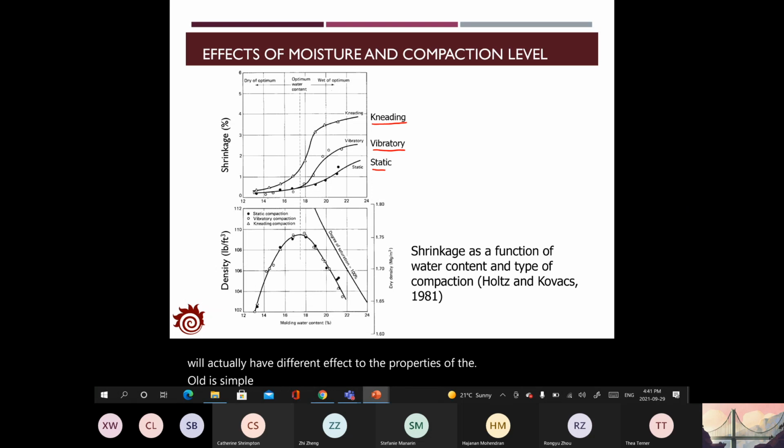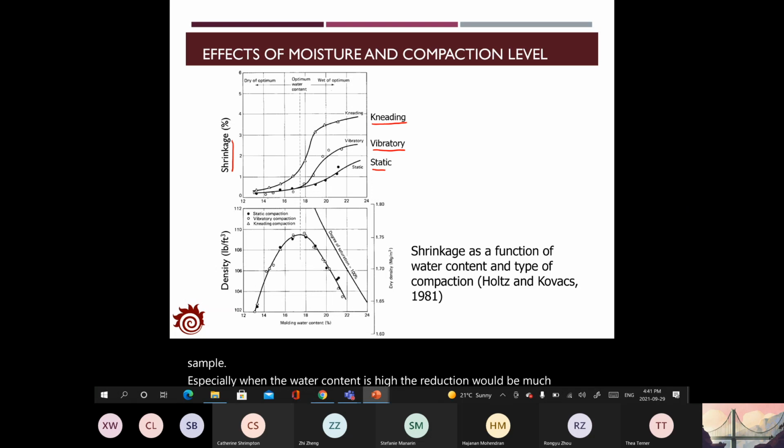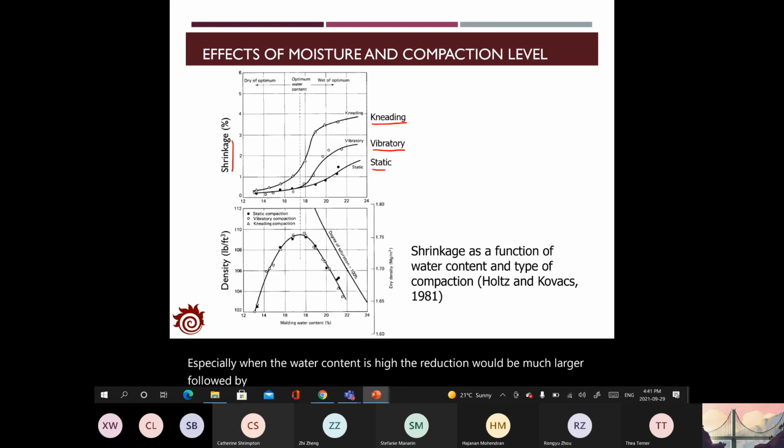For example, if we check the shrinkage of the sample, the kneading will have significant reductions in the volume of the sample. Especially when the water content is high, the reduction will be much larger.